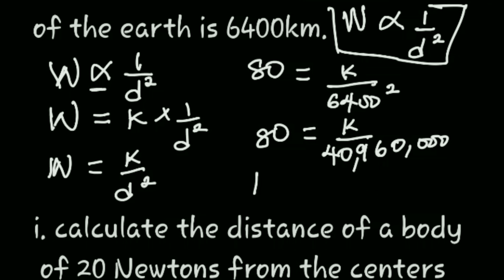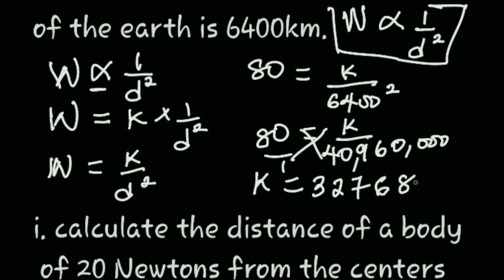So the value of K here, when you cross multiply these two fractions, you have 327,680,000. So you have 3,276,800,000, and that's the value of the constant term.